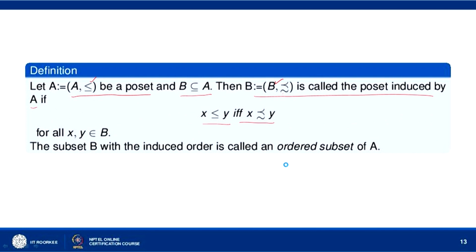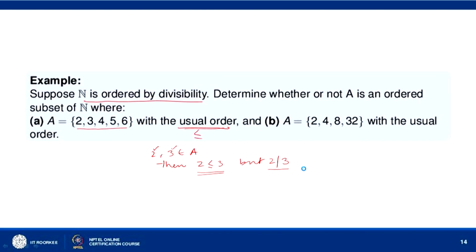We should have x precedes y if and only if x is less than or equal to y. This is the order relation in the subset, and this is the order relation in the given set. Here the order relation in N is divisibility.